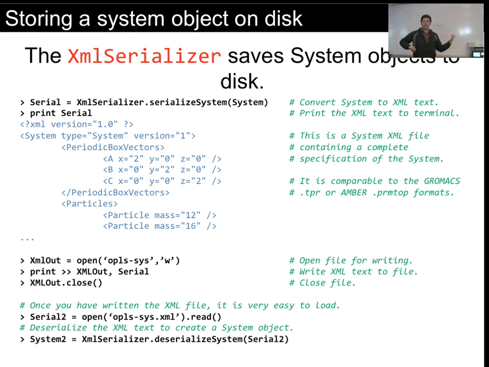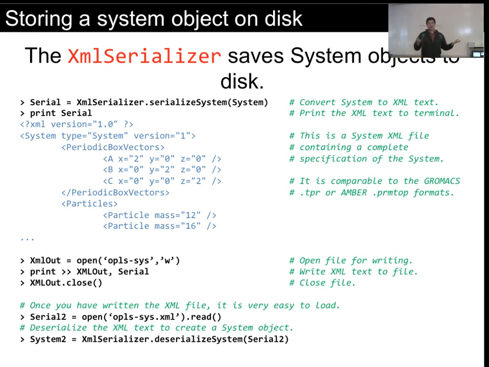This is a slightly more advanced usage, I would say. But if you use the XML serializer class, which is automatically imported into your Python script when you load the OpenMM libraries, it will turn your system object, remember, which specifies all the particles in your system and all their physical interactions, into a string.